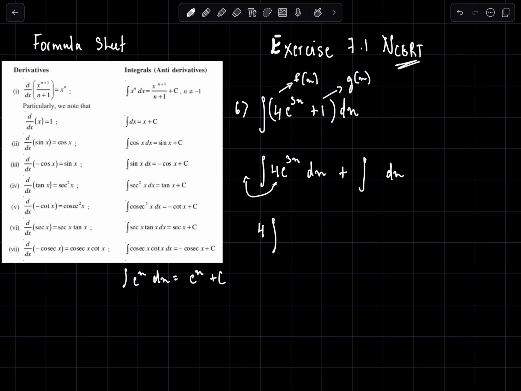For integral e to the power 3x dx plus, now how do you integrate dx? Okay, so there is 1 times dx. Can 1 be written as x to the power 0? Now, just a side note, whenever you get integral of dx, it's always x. But I'll tell you how this comes.